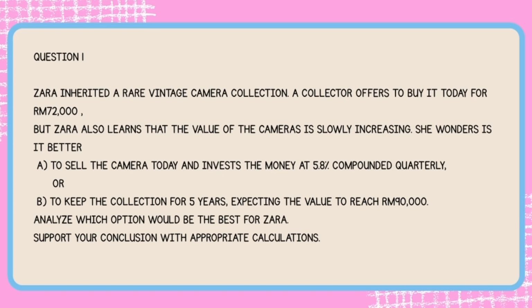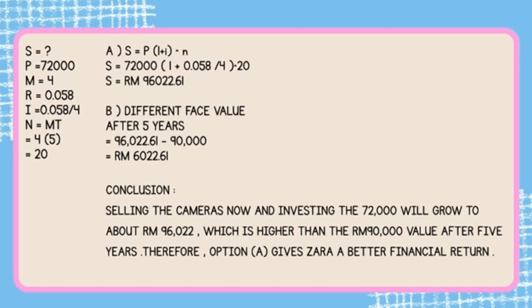This is the first question. Okay, here is the solution. First, you need to find the future value. After you find the future value, you will get 96,22.61 and after that you need to find the difference of the future value after 5 years with both future values, and you will get 6022.61.